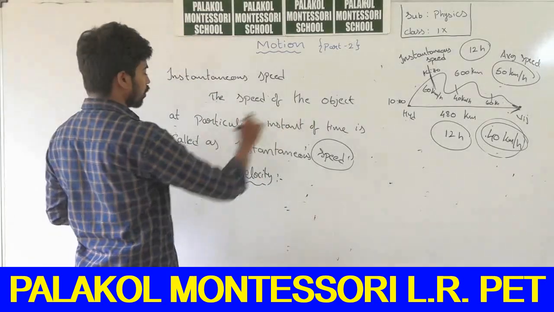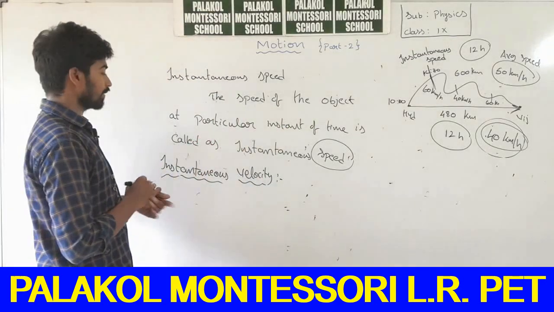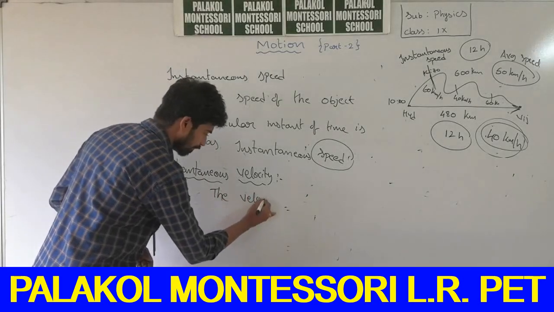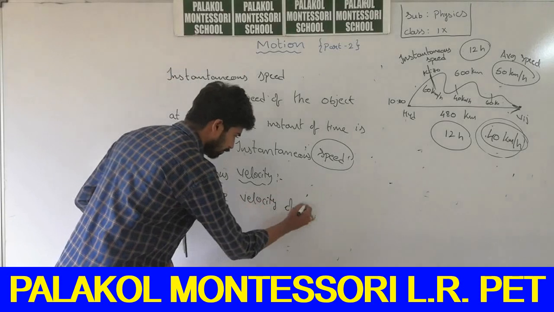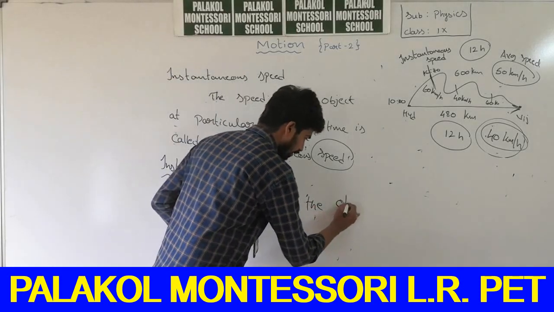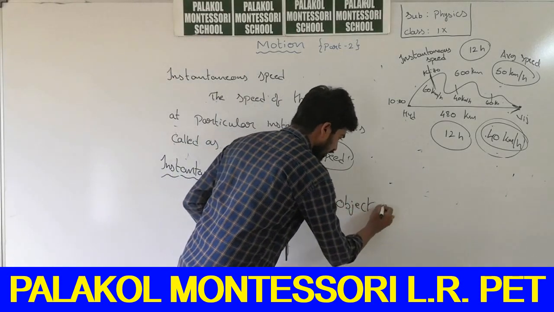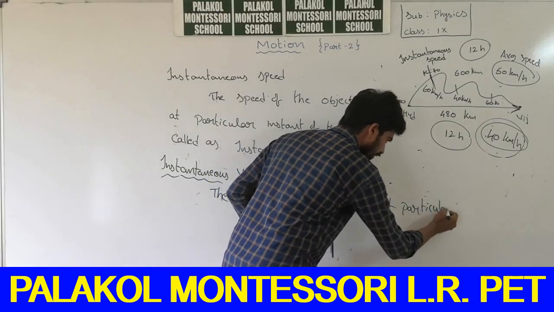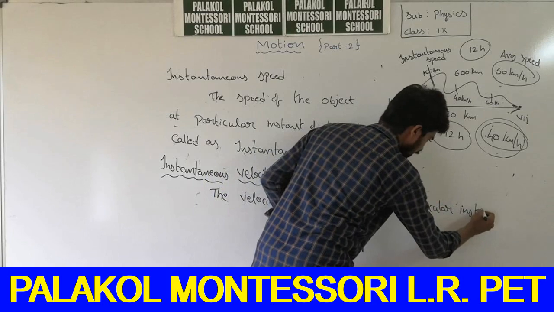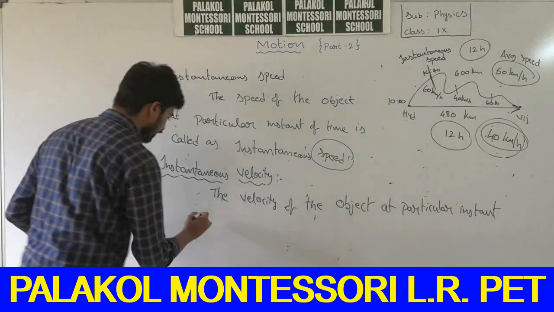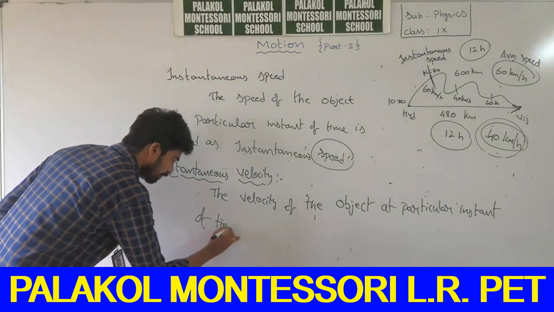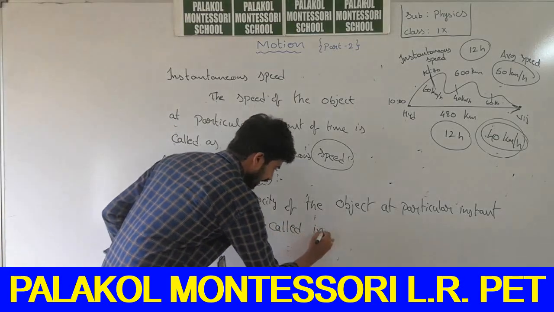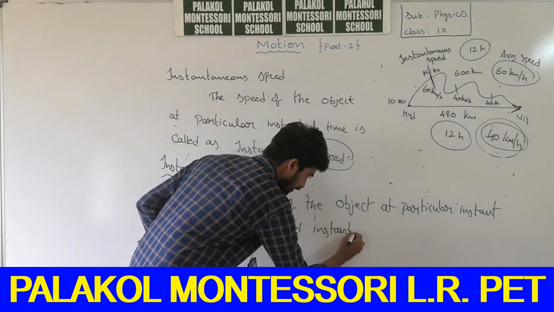The velocity of the object at a particular instant of time is called instantaneous velocity.